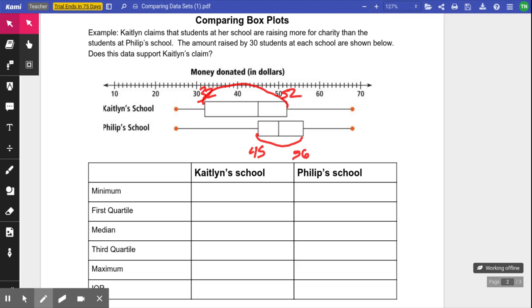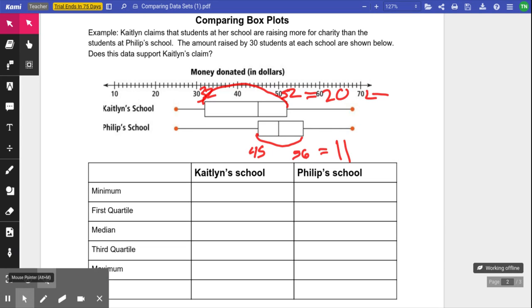It's a much bigger spread for Caitlin's school than for Philip's school. Finding that IQR, we would say the IQR here is 11 because 56 minus 45 is 11, and the IQR here is 20. So we have a much bigger span of numbers in play and a much larger spread for Caitlin's school, which makes less predictability and more variability. Okay.